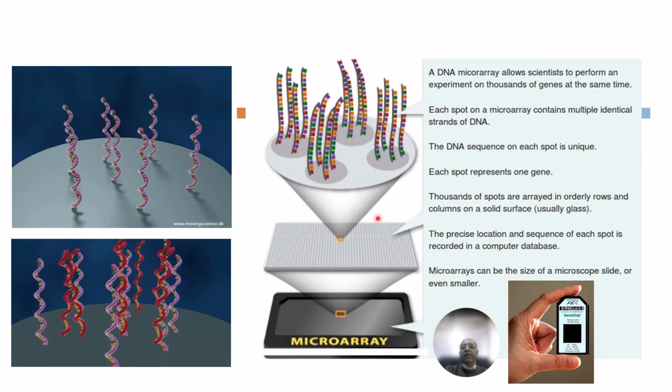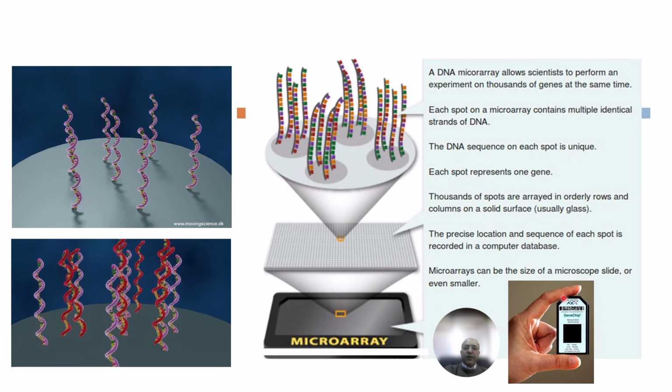In fact, since we have non-coding RNA genes, we can have hundreds of thousands, something like 120,000 different probes. And I know what each spot is specific for, what each spot detects.